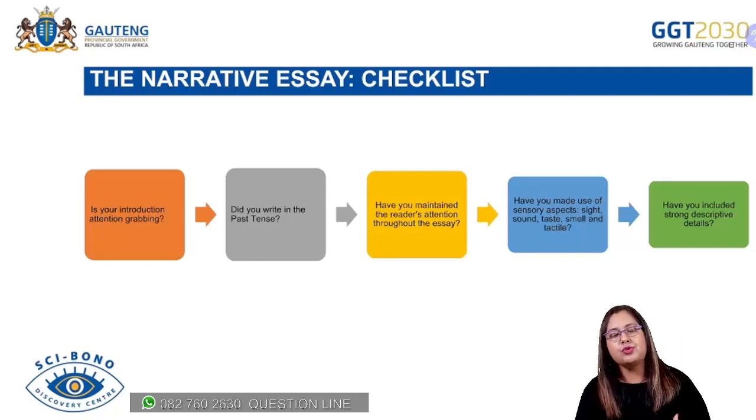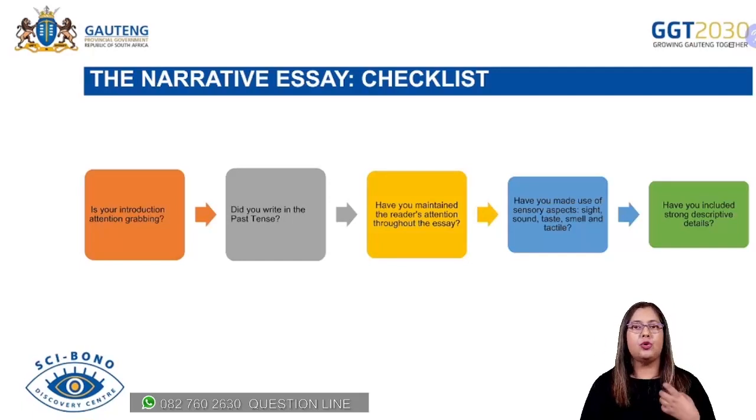Have I made use of words that appeal to the senses, to the sense of taste, to the sense of sound, to the sense of smell? Have I used words that will appeal to those senses? And finally, have I included descriptive elements and concluded this essay well?